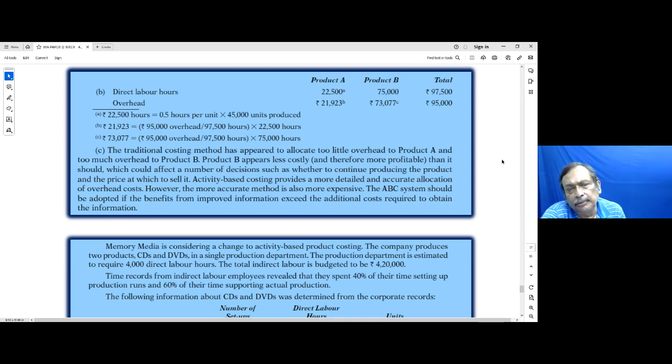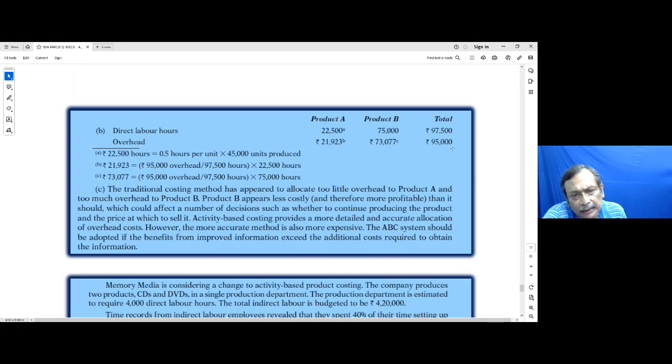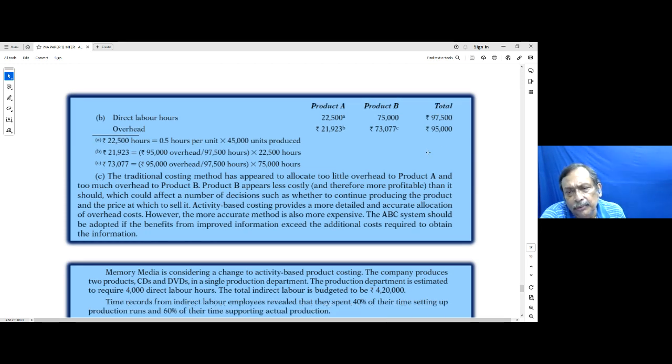Your answer should be along these lines: the traditional costing method appears to allocate too little overhead to product A and too much overhead to product B, as is evident from the result. Product B appears less costly and therefore more profitable than it should, which could affect a number of decisions, such as whether to continue producing the product and the price at which to sell it.